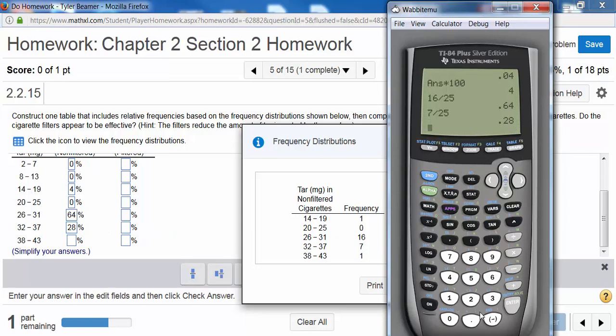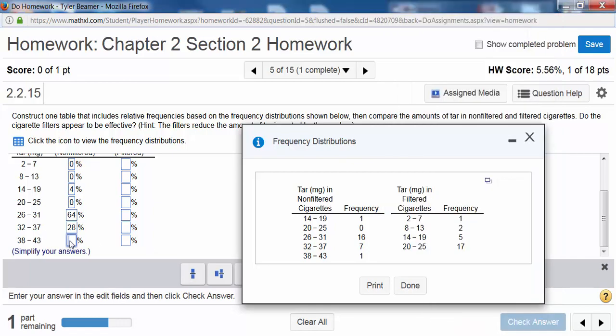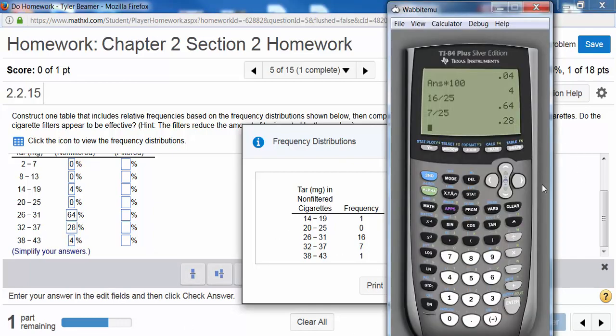And once again, 1 divided by 25 is going to be 4% again as well. And so we could check ourselves, right? If I add up all of these percentages that I just found, they should total 100%. And it does. So that's the way we can check ourselves.